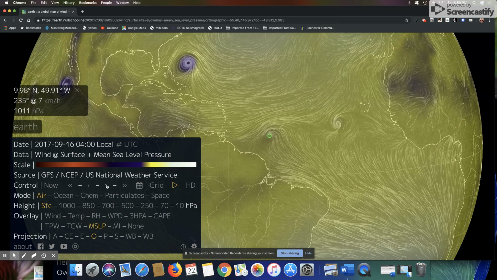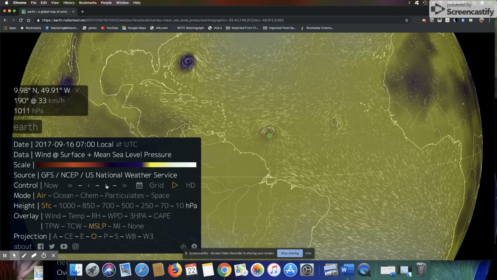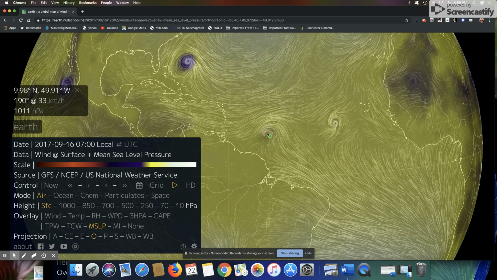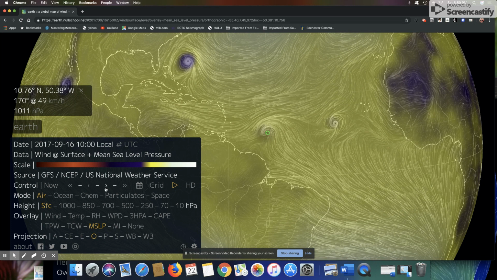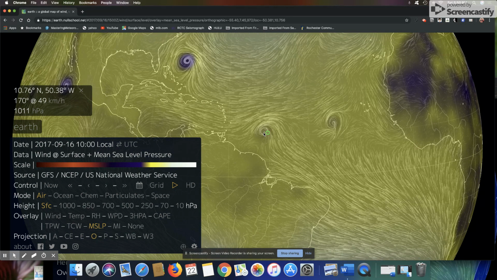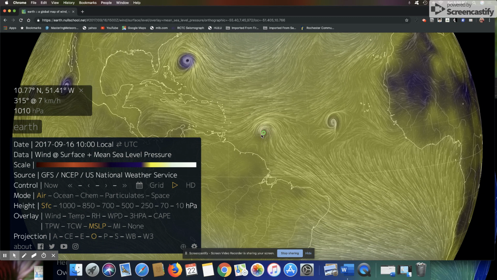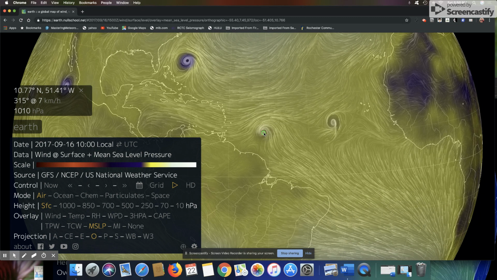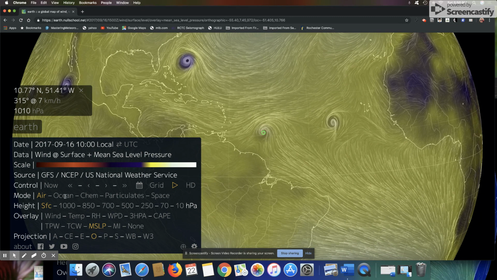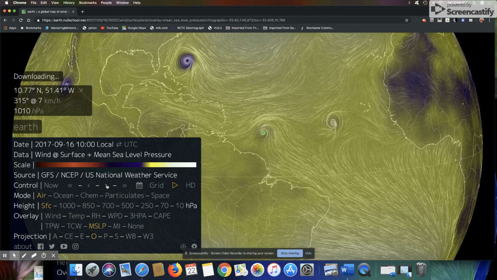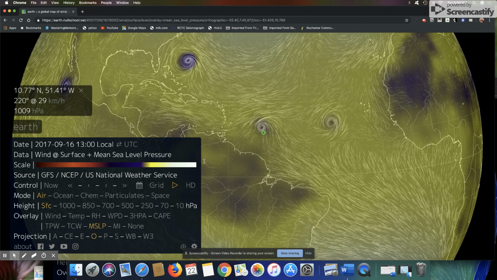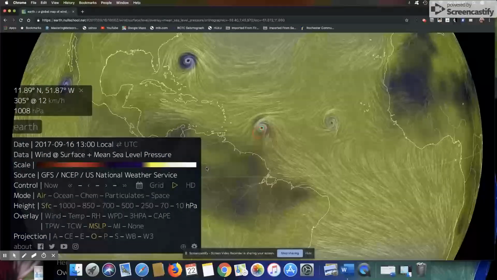But as we continue to step through here, you'll start to see this get a little bit more organized and a little bit darker right in here where the lower pressure is forming. So let's continue forward. Now you can see it getting a little bit more strong here.